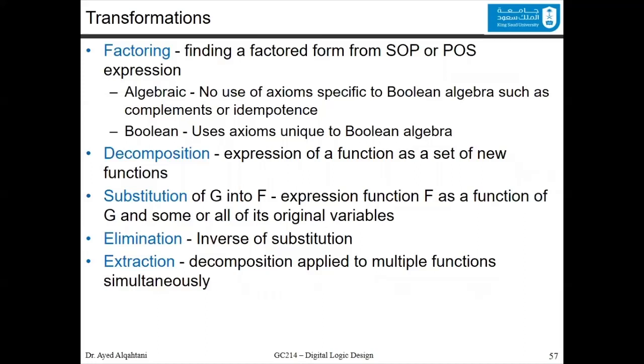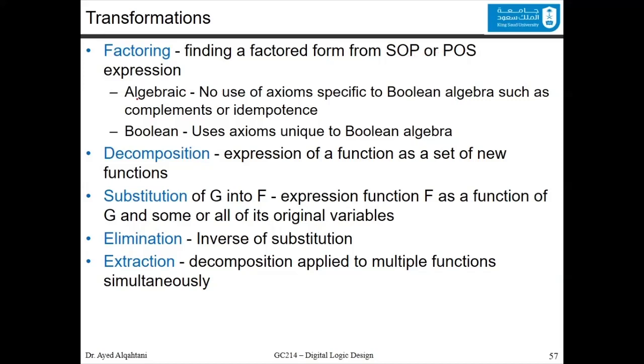Those kinds of reductions, we call them transformations. The transformation can happen by using factoring or decomposition or substitution or elimination or extraction. So factoring means finding a factor from SOP or POS expressions.